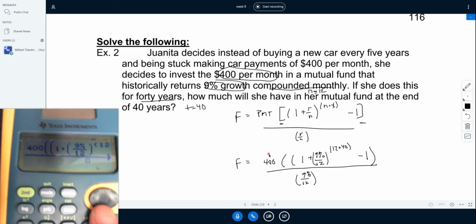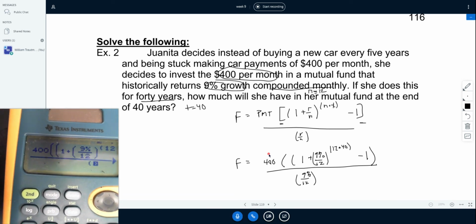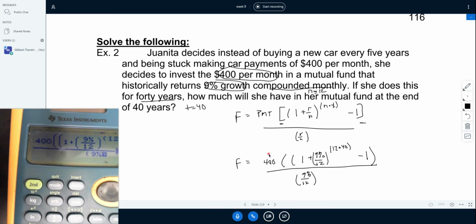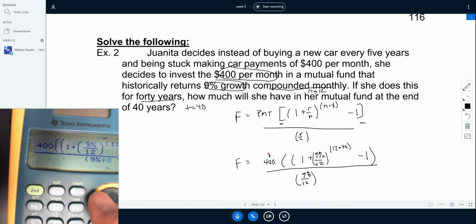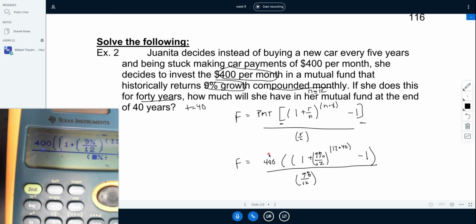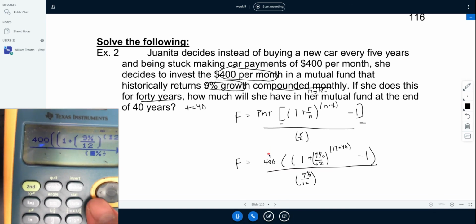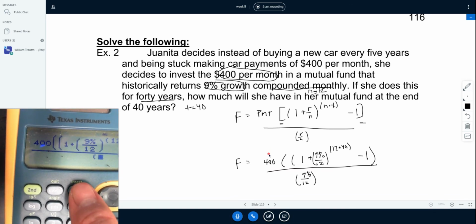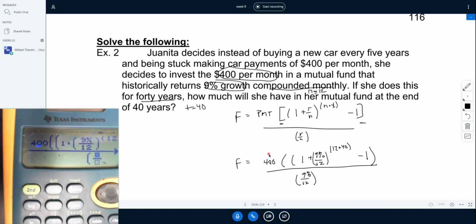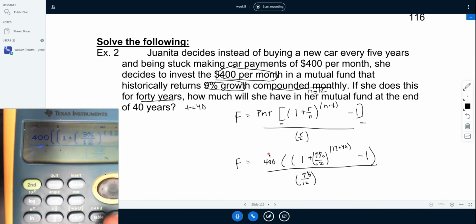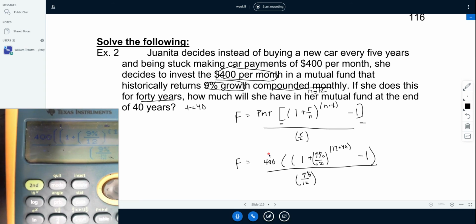So I'm going to the bottom now. I arrow down to the bottom, and I do parentheses 9% divided by, I should have just done a fraction. I think I can go back just so everybody sees that. Fraction 9% divided by 12.